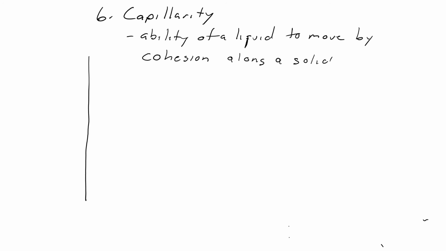So let's say we have a solid here, and this is the surface of the solid right there. Now, depending on what your solid is, could be wood, could be paper, plastic. All of those materials are made of atoms that are bonded together. And anytime we have atoms bonded together, we have the potential to form dipoles on there. And some solids have lots of dipoles. They have little positive and negative charges on their surface.